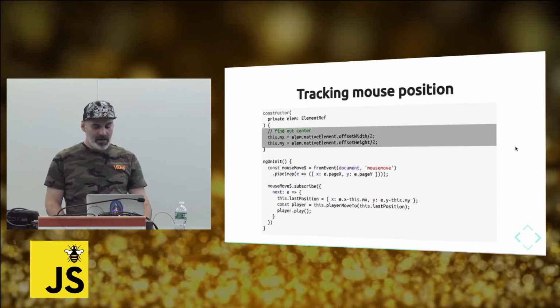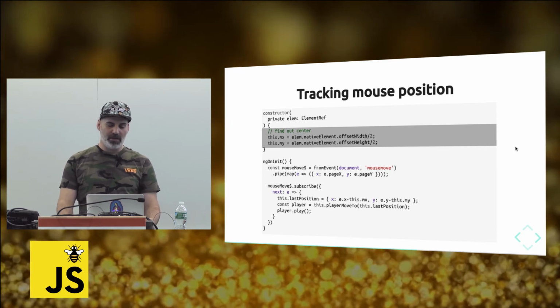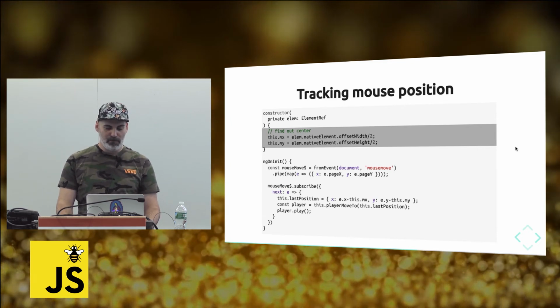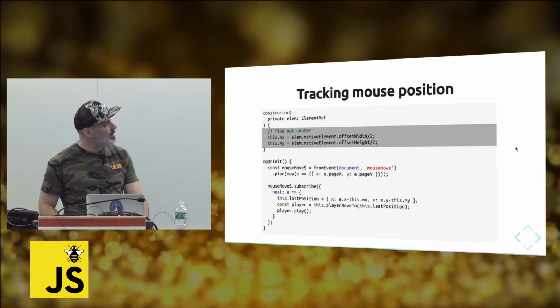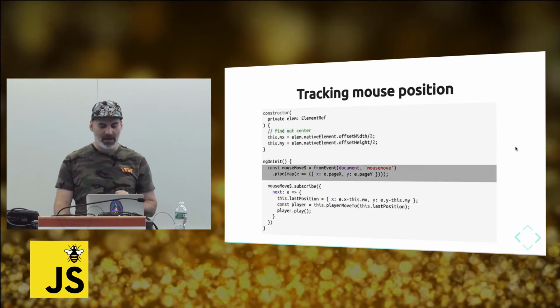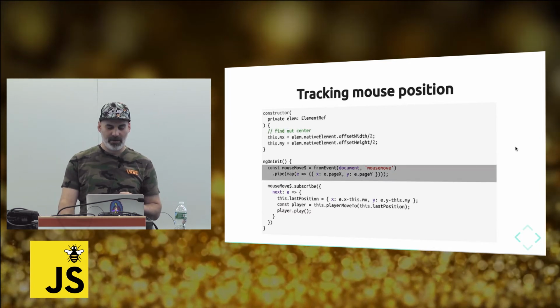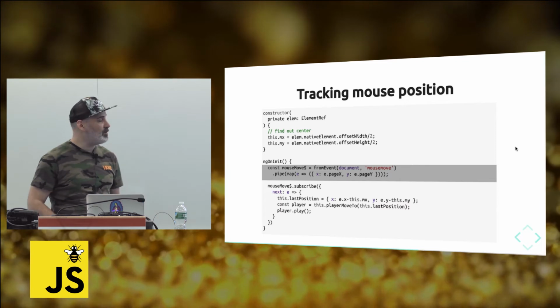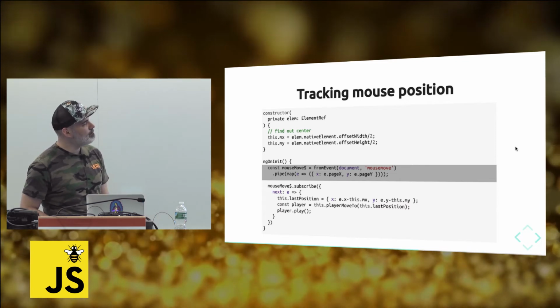The way I'm going to get the position is by using this reference to the element. So I'm going to use offset both for the new position and then calculate the difference between the last and the current coordinates. For this, we can also use from event from React.js.